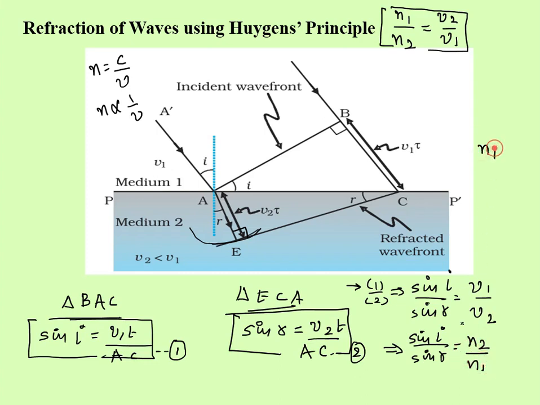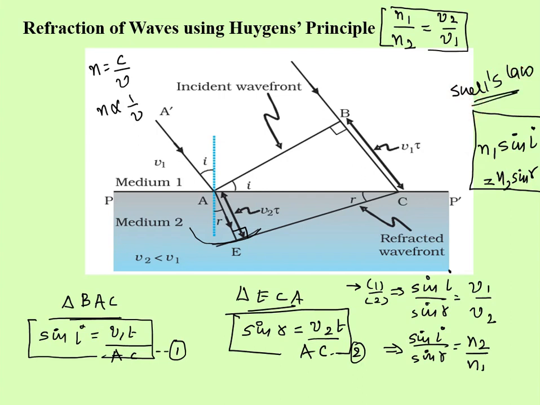What we get: n1 sin i is equal to n2 sin r. This is Snell's law. We have studied this in ray theory. So this same relation we have obtained, that is Snell's law. We have nicely studied it in ray theory, but still we derived this using wave theory.